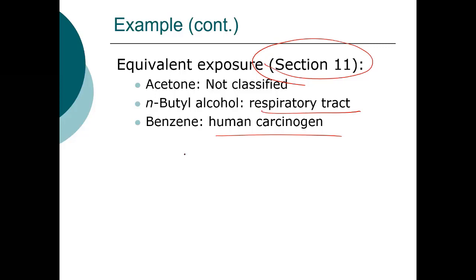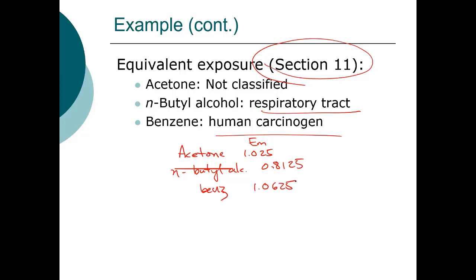So for acetone, we have an EM we calculated of 1.025. For N-butyl alcohol, we calculated it as 0.8125. And for benzene, it is 1.0625.